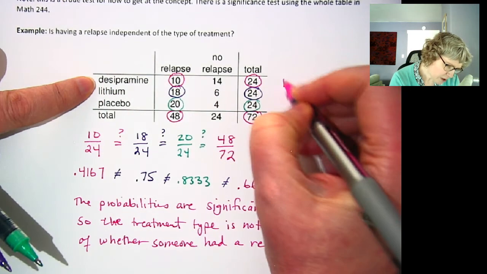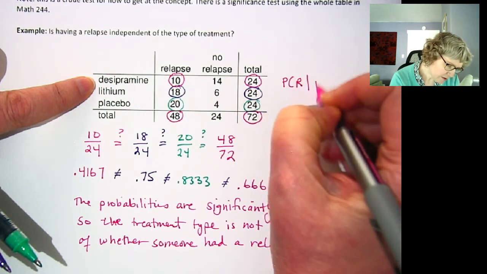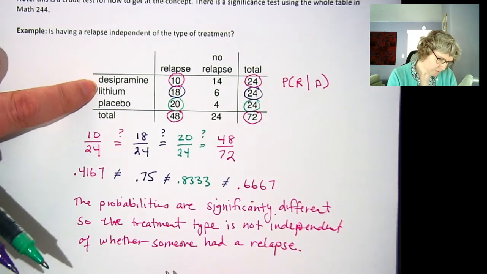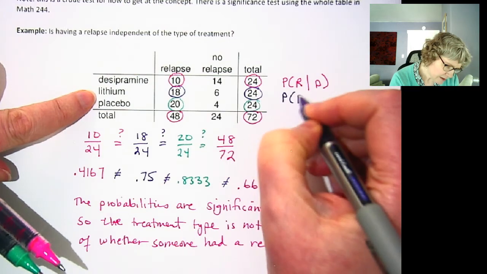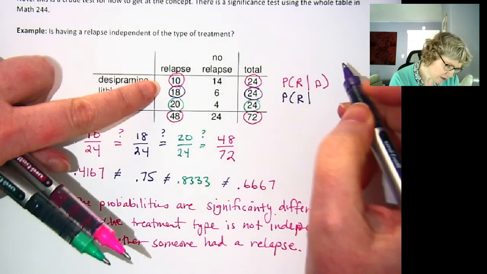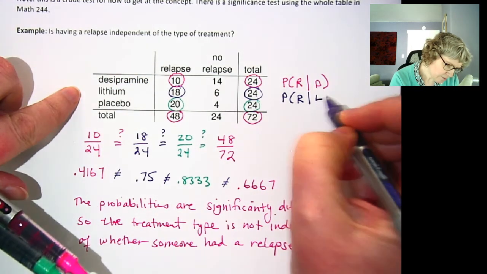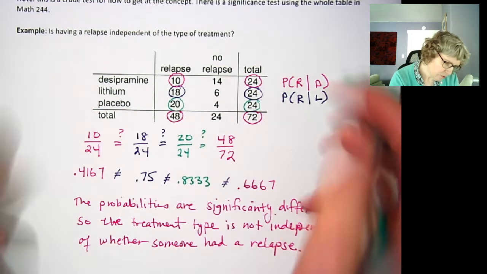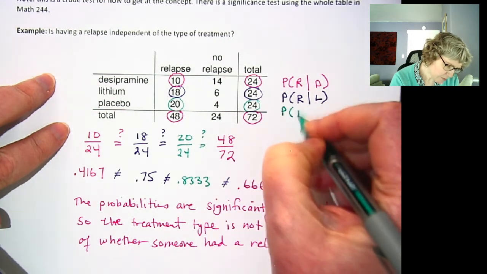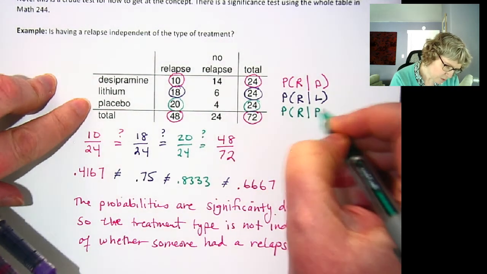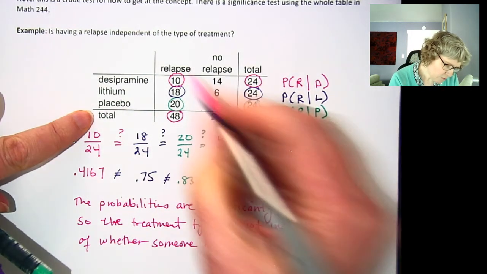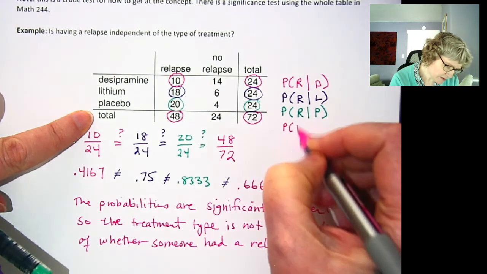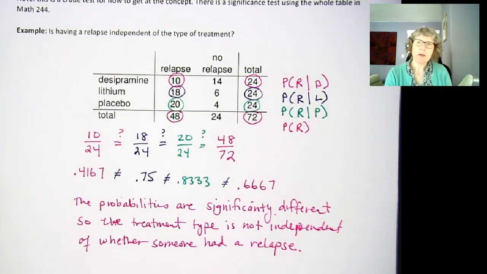This would be the probability of relapse given they took desipramine. The middle one would be the probability someone had a relapse given they took lithium. And the green is the probability that someone had a relapse given they were in the placebo group. And then the total is overall the probability that someone had a relapse.